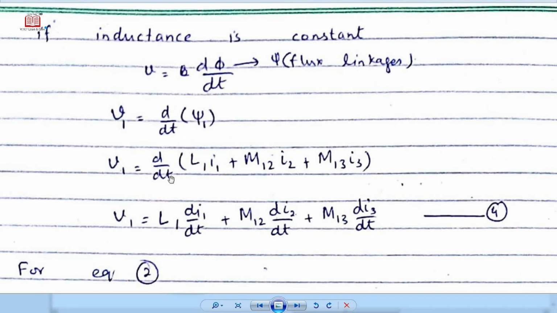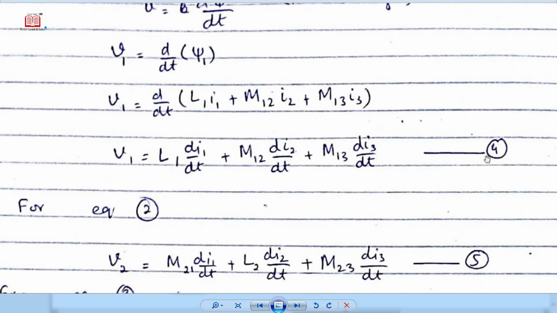Now we are going to take the derivative of this flux linkage, writing the value of the flux linkage 1 from the previous page: L1 I1, M12 I2 and M13 I3. If we suppose the inductance is constant, the derivative will be of the variable terms, meaning the currents: derivative of I2, derivative of I3. So this is the way we can derive the values, and this is equation number 4.